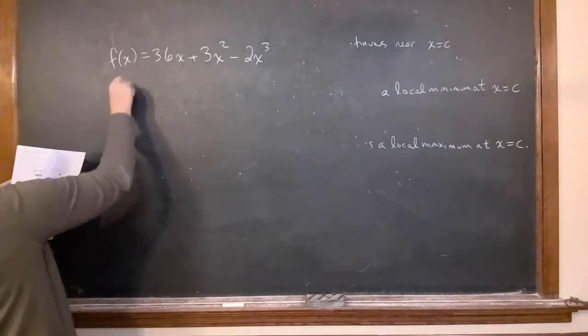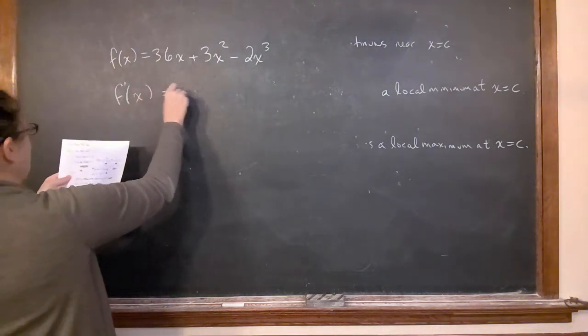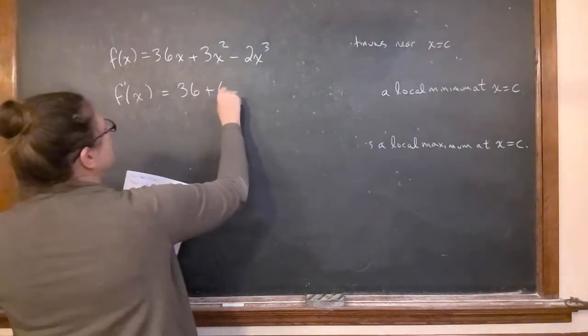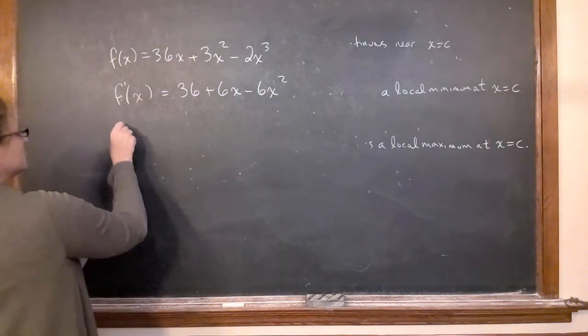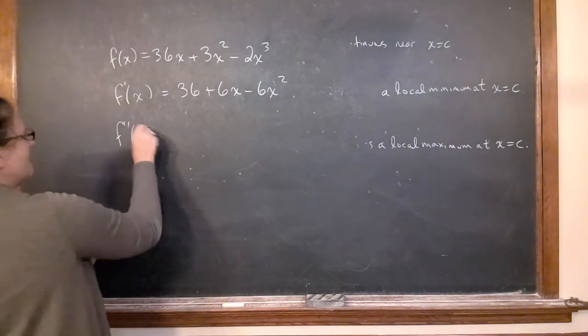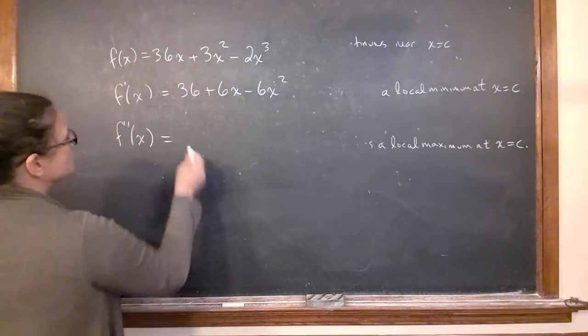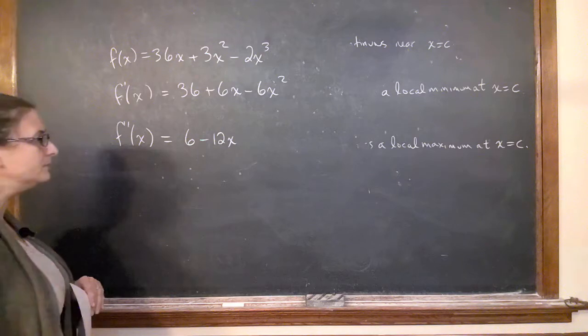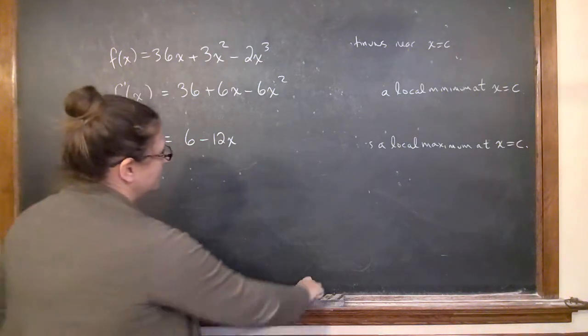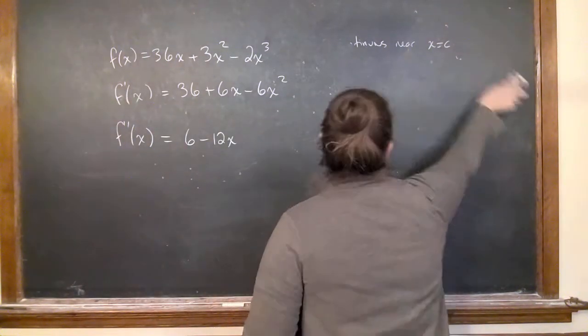We had taken the first derivative. We had 36 plus 6x minus 6x squared. Now we can also take the second derivative. Our second derivative is going to be 6 minus 12x. Okay? So we can do a couple of things with that.